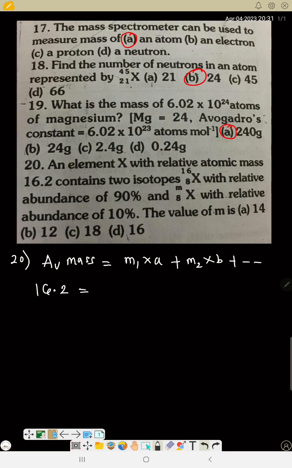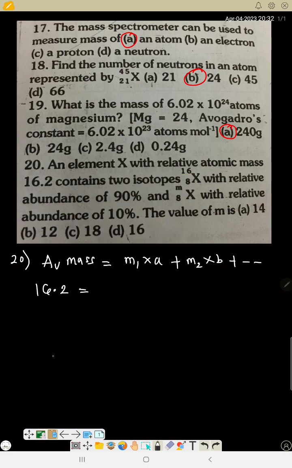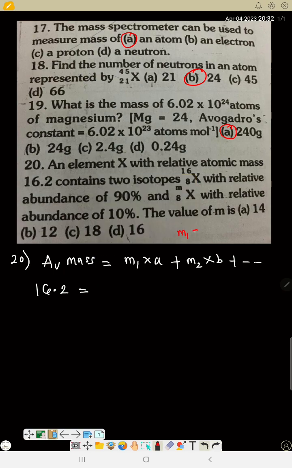So the average mass is given, 16.2 is equals to M1, that is mass of isotope 1. This is 16. So our mass of isotope 2 is M. Take note. That means M1 is equals to 16, M2 is equals to M. So that is what we are going to use, and the average is 16.2. So that means 16 times the percentage.